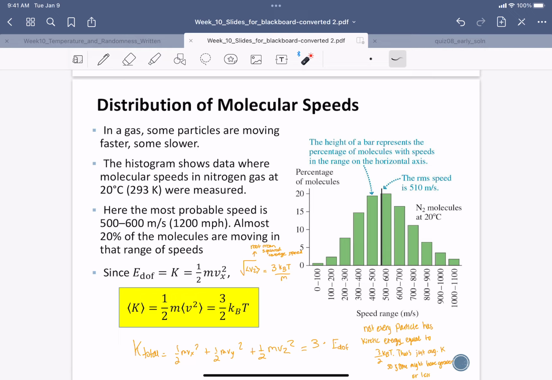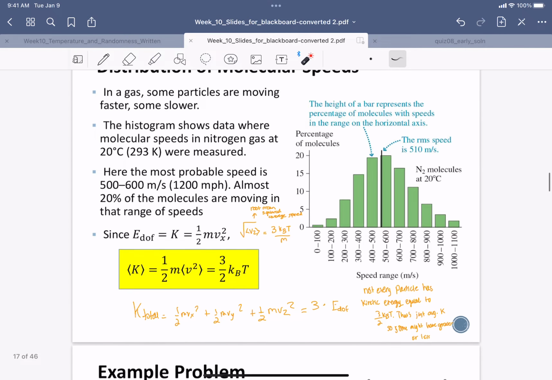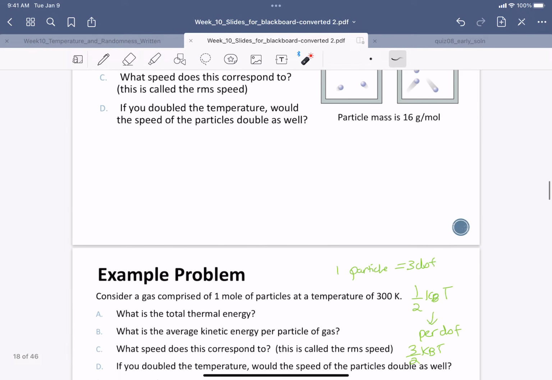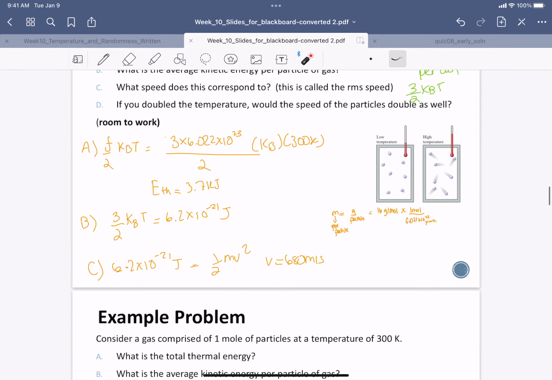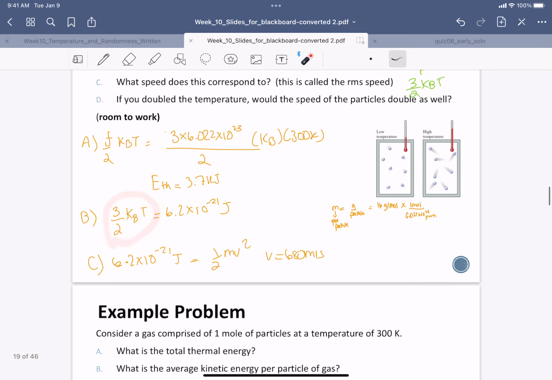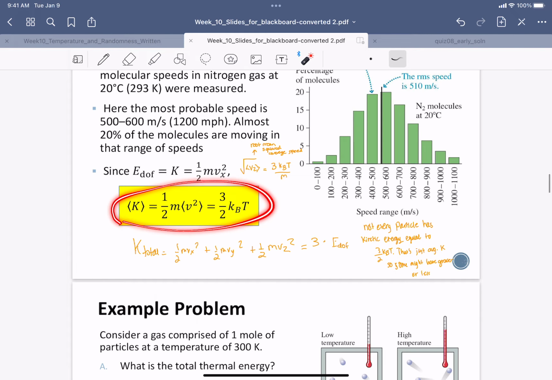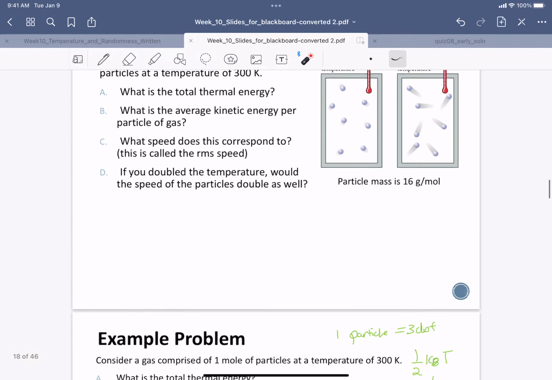So when we're talking about energy with an ideal gas, we're just talking about kinetic energy. That's why I could use 3/2 kBT and set that equal to half mv squared. I just basically used this equation. They just broke it up into two parts.